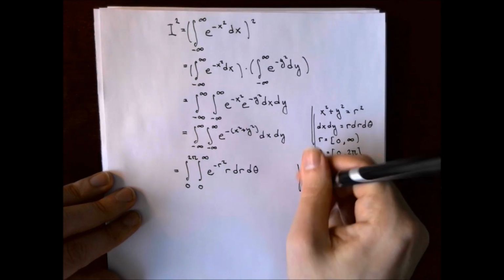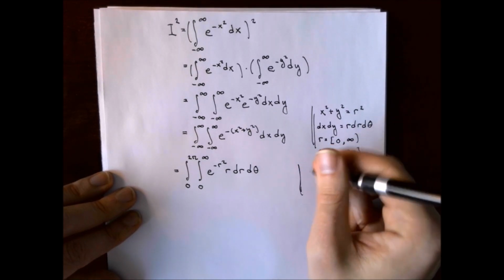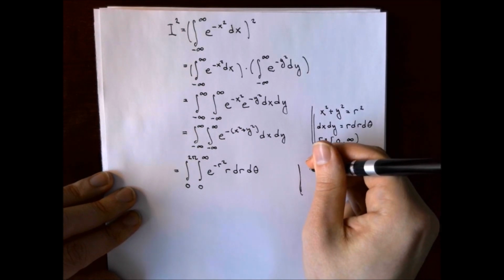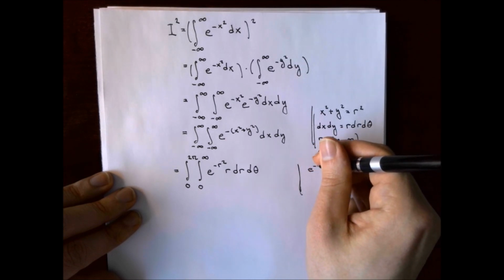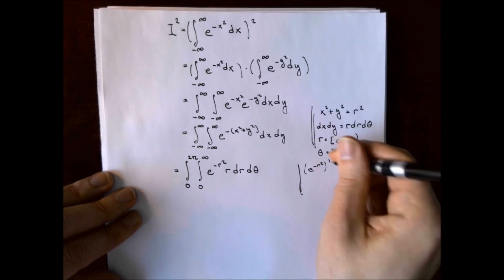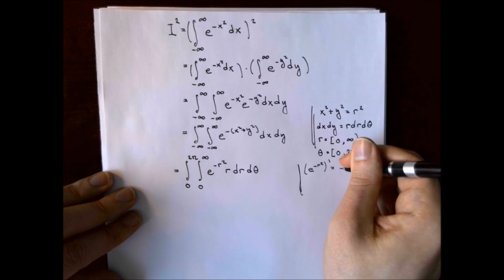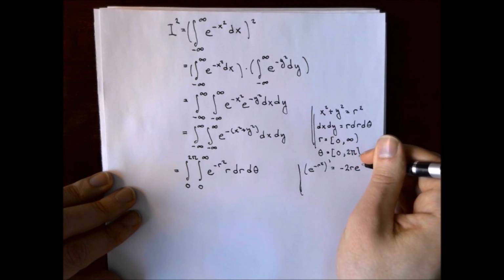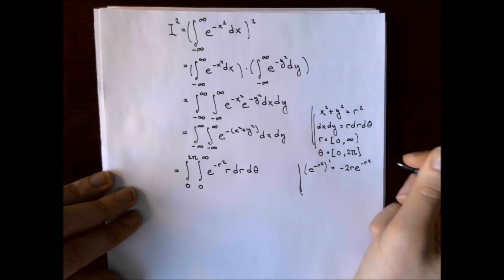Now notice that the derivative of e to the minus r squared is minus 2r e to the minus r squared.